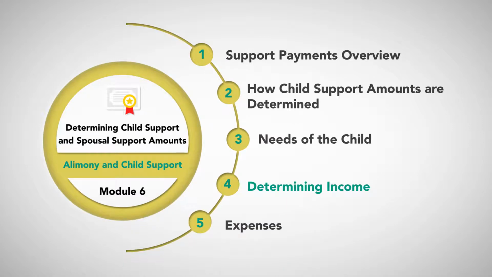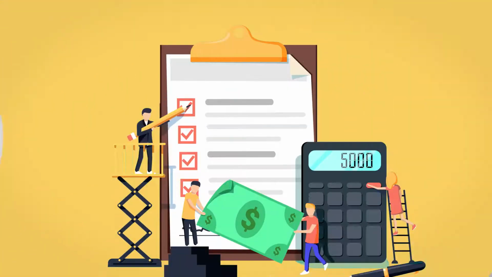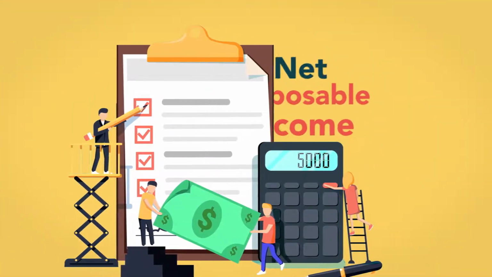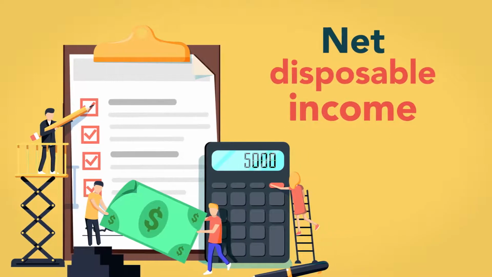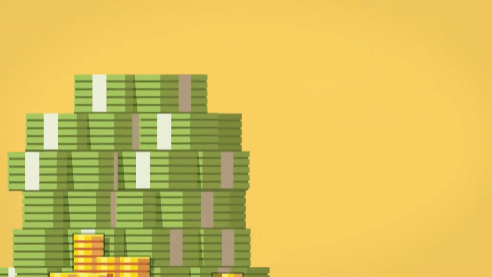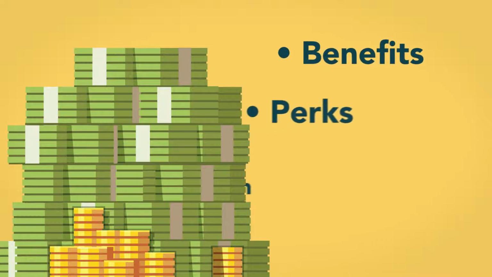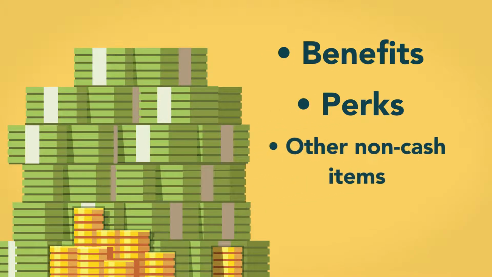Determining income. The point of these affidavits and other inquiries into the finances of the parties is to determine each party's net disposable income. Income can be in the form of cash or in the form of benefits, perks, and other non-cash items.